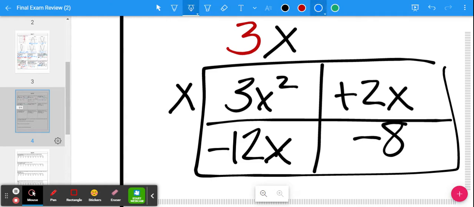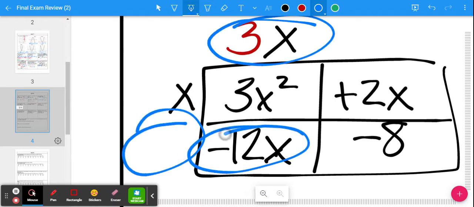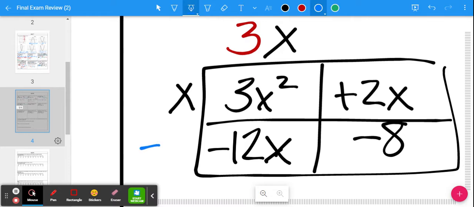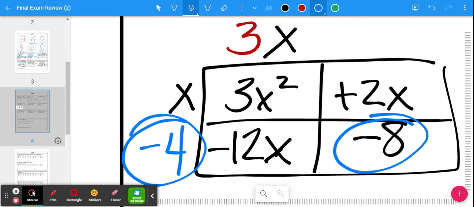So now 3x times something is going to make negative 12x. So 3x times negative 4 gives you negative 12x. So negative 4 goes here. So then I also see I've got a negative 4, negative 8. So negative 4 times something makes negative 8.